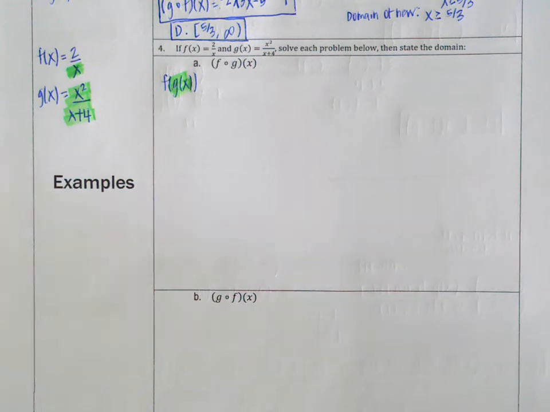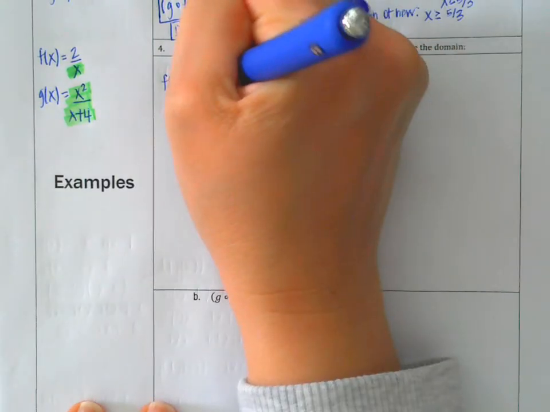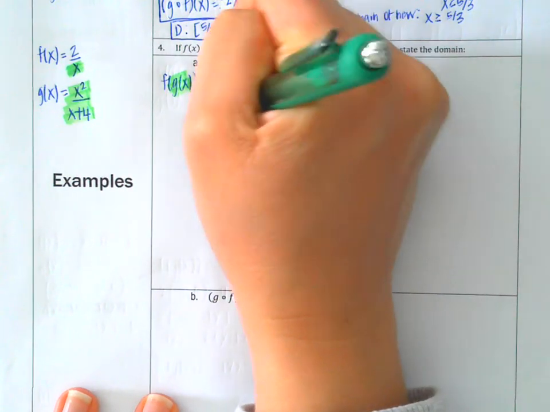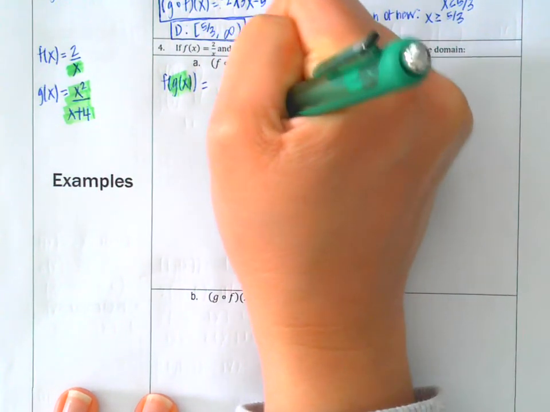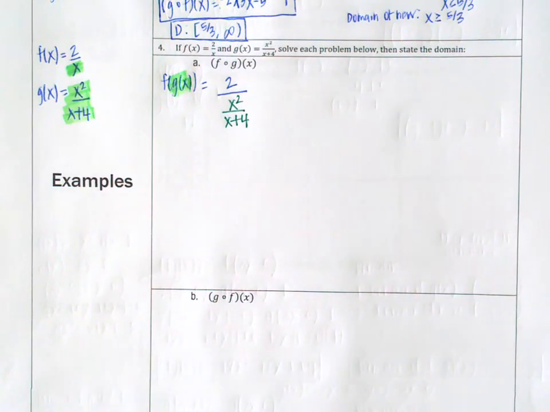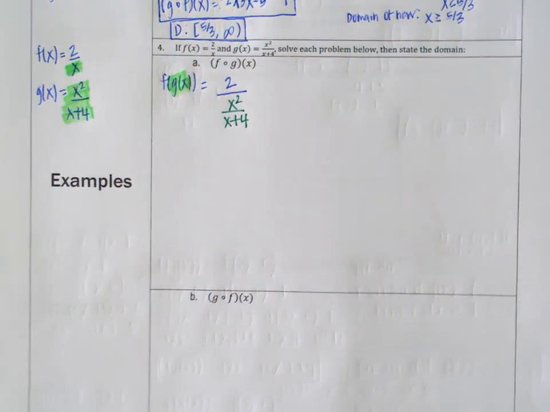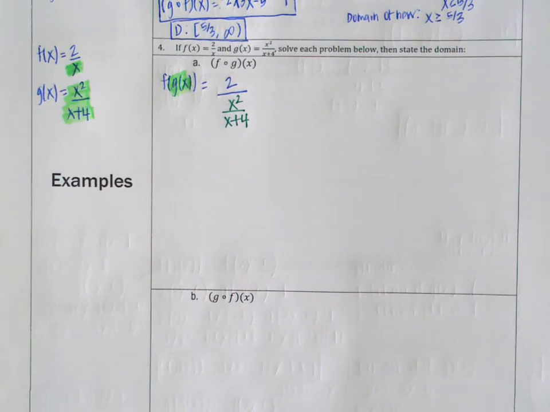Okay, so let's do that. 2 stays the same over, and then instead of x, we're going to put x squared over x plus 4. Now, what have I always taught you guys? When you have a fraction over a fraction, or just a number on top and a fraction on the bottom, what are we going to do to make this problem easier?